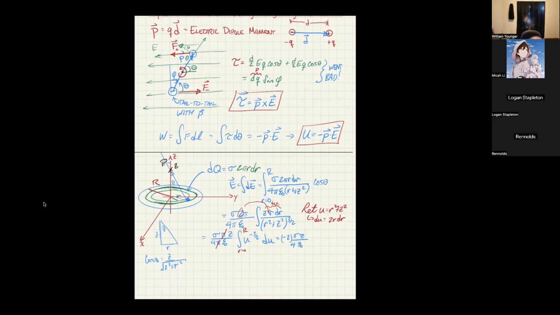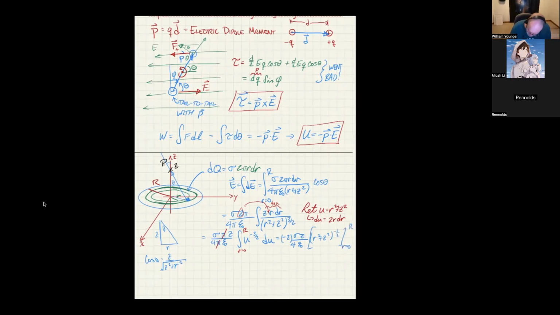Now I just have r squared plus z squared to the negative 1/2, and that's got to be evaluated from r equals 0 to big R, and it's all going to point in the k-hat direction, of course. So now I can see the -2 and the 4 is going to cancel out, leaving a negative 1/2. So I'll say negative sigma z over 2 epsilon naught.